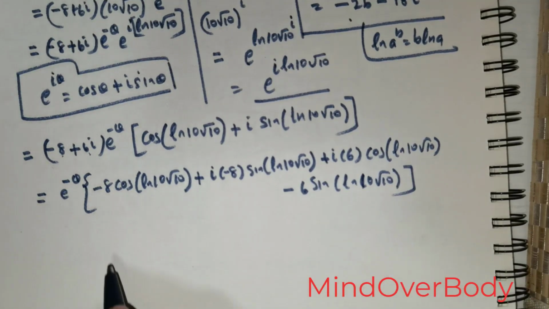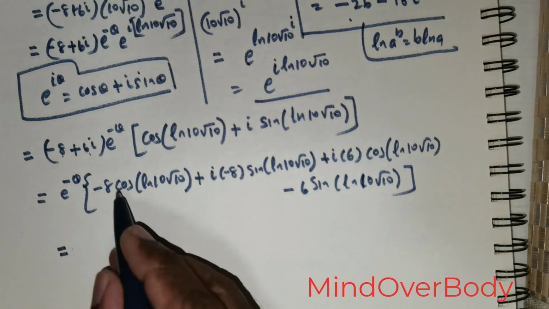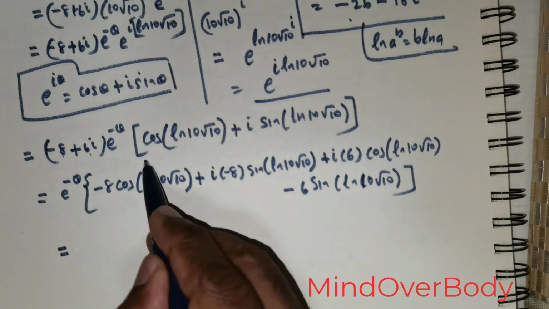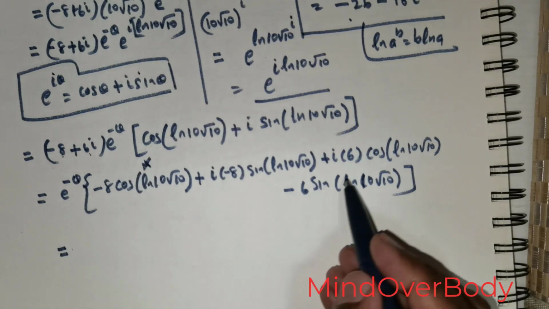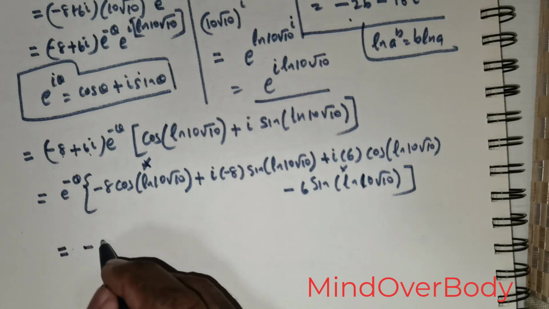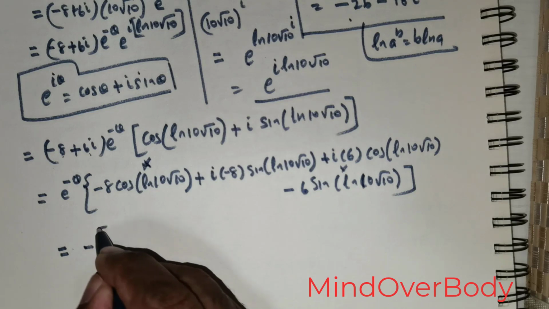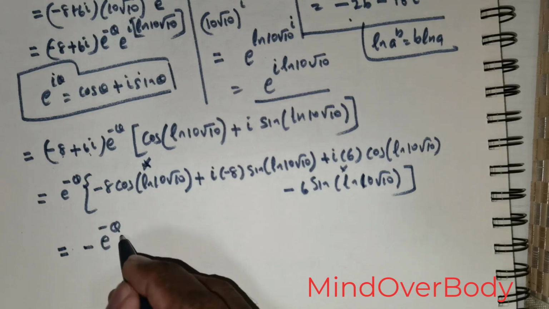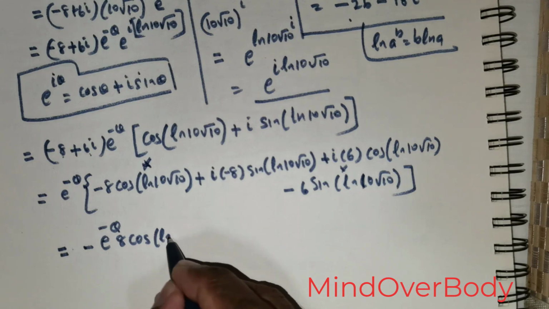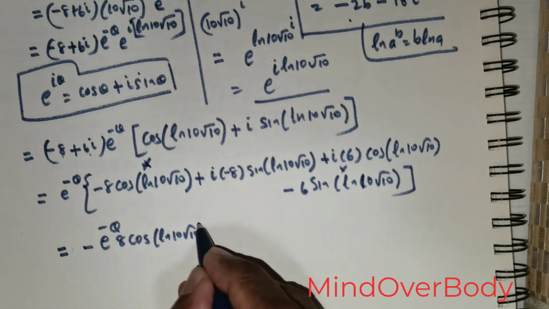So this is equal to, taking the real part first, I've got a real portion here, and then I've got a real portion here. So I'm going to rewrite this as negative, of course there's e power negative theta there, so let me place that, e power negative theta. I've got an 8 there, and then I'm going to rewrite this as cos of ln of 10 times root of 10.